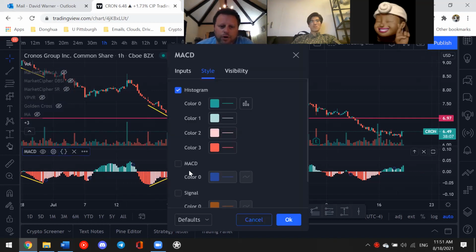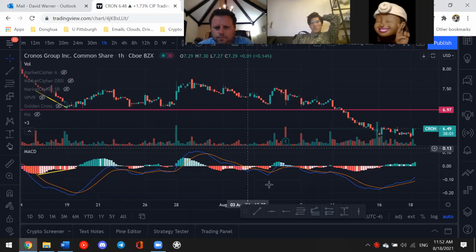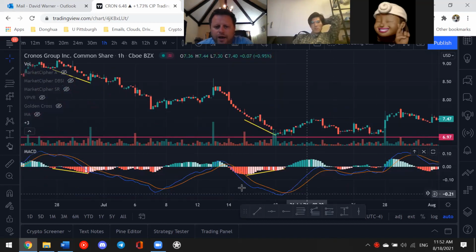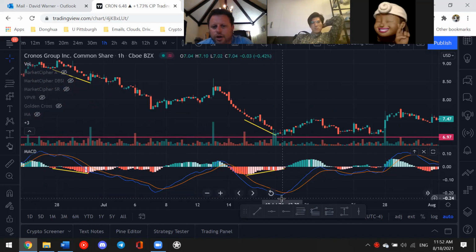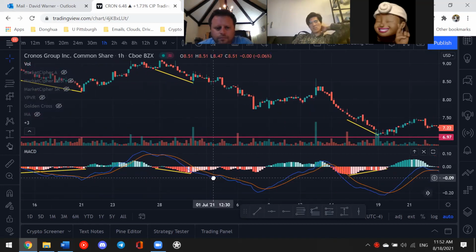So if we put the MACD and the signal line back on, it works the same way: the MACD and the signal line going up while price is going down, like this.